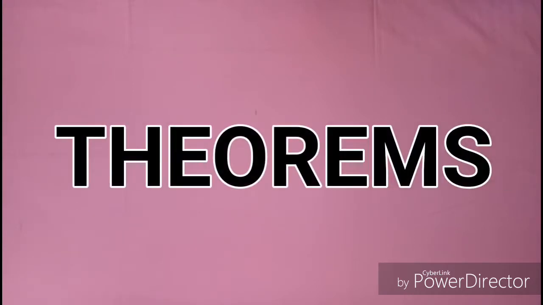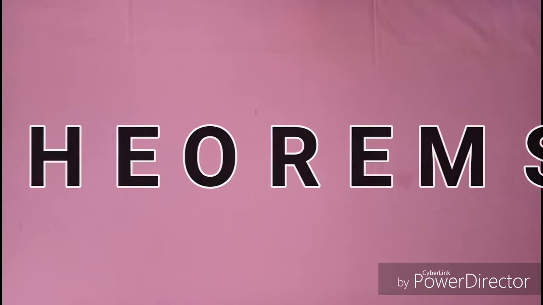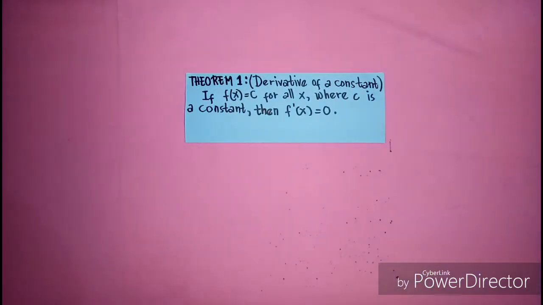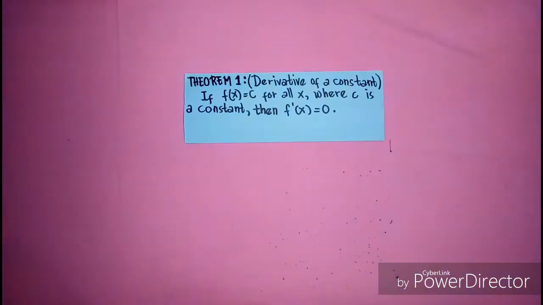Okay, so to find the derivative of a function, we use a technique by applying some of the basic theorems on differentiation. Theorem number 1 is the derivative of a constant. If f of x is equal to c for all x where c is a constant, then f prime of x is equal to 0.